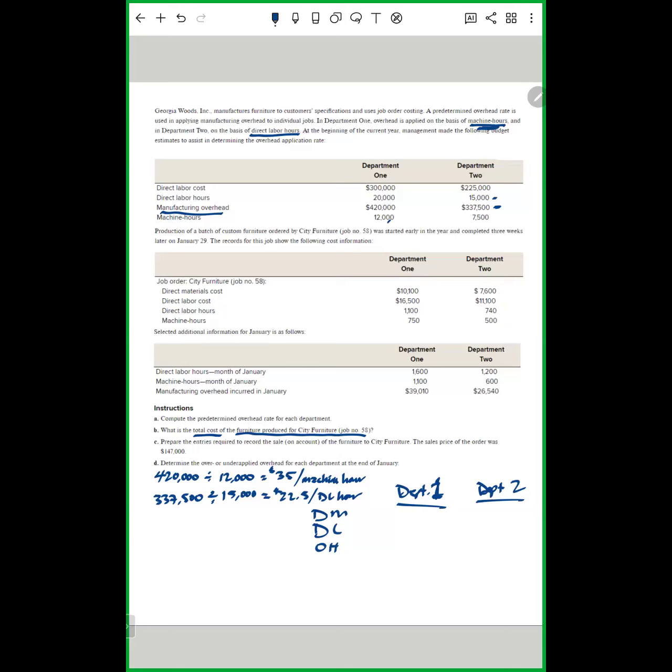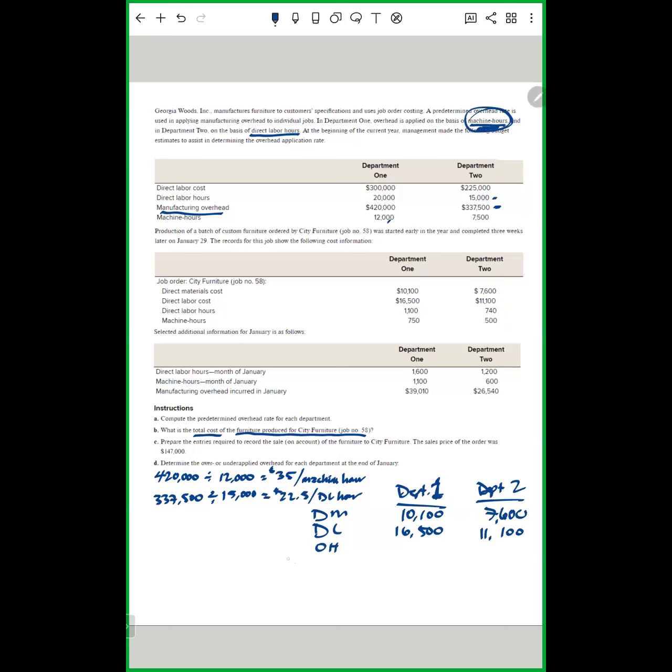All right. So for direct materials, it's 10,100 and 7,600. And then the direct labor is 16,500 and 11,100. So then for the overhead, for Department 1, we need to take machine hours because remember, Department 1 allocates based on machine hours.